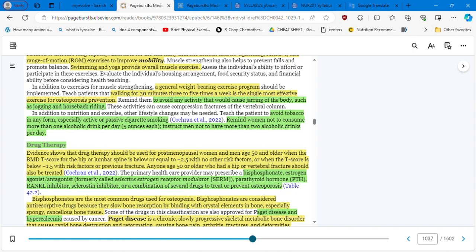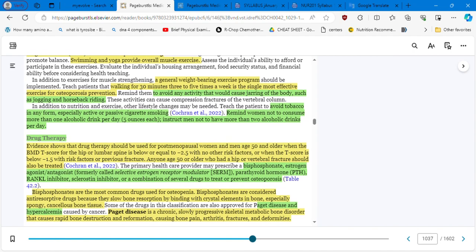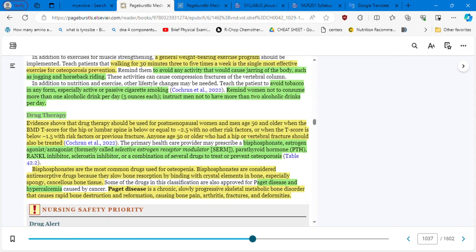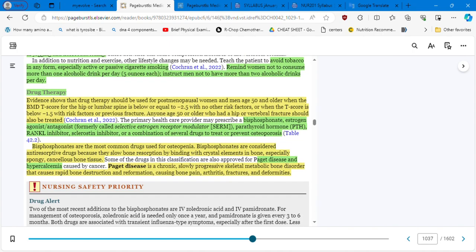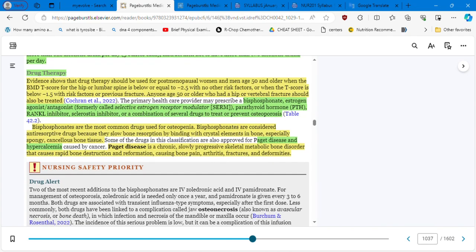Also avoid tobacco and alcohol. Remind women not to consume more than 1 alcoholic drink per day, and men no more than 2 alcoholic drinks per day. Drug therapy: evidence shows that drug therapy should be used for menopausal women and men age 50 and older when the bone mineral density T-score for the hip or lumbar spine is below or equal to minus 2.5.